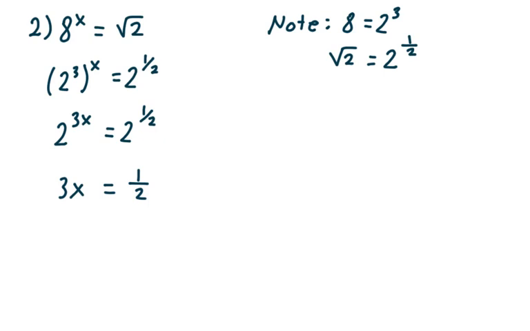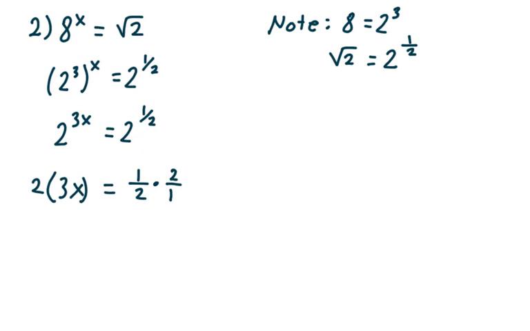Now, there's a couple ways you can go about solving this. One way is to get rid of the fraction. And to get rid of the fraction, I'm going to multiply both sides by 2. And if you don't mind, I'm going to write 2 as 2 over 1.